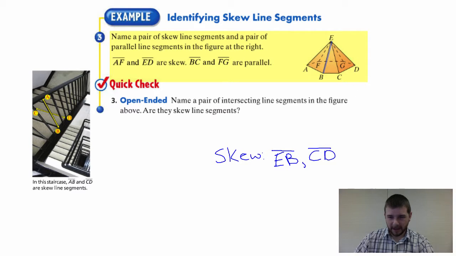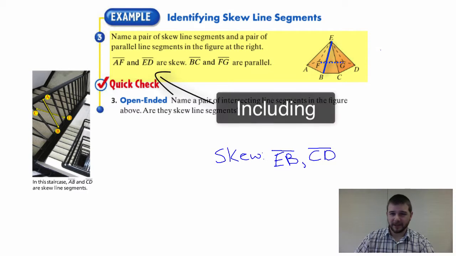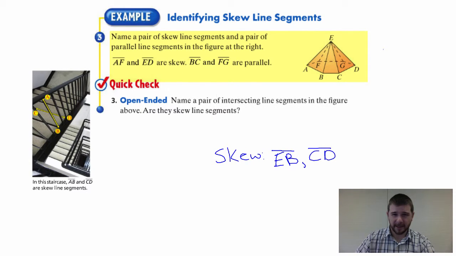Having chosen EB, notice I could not choose AB because those line segments, EB and AB, share a common point B. EB and BC share a common point, or would intersect. EB and FG, those would work. So lots of choices. We're also asked to name a pair of parallel line segments.